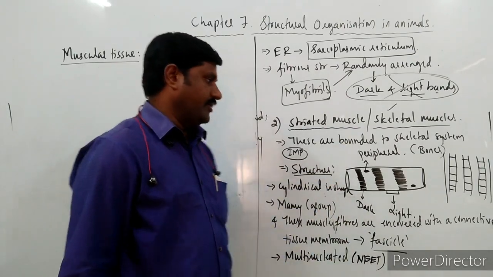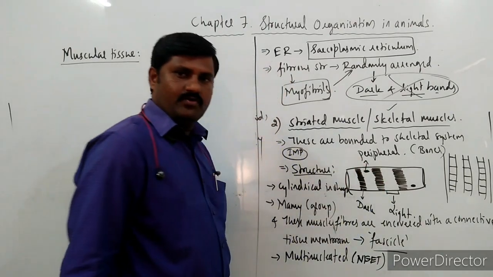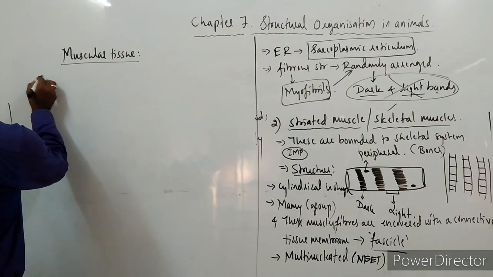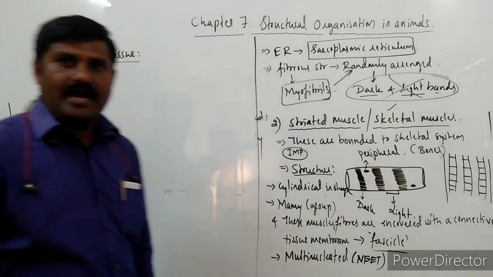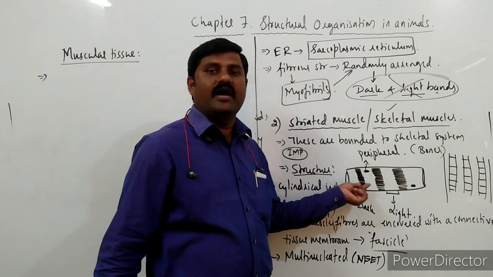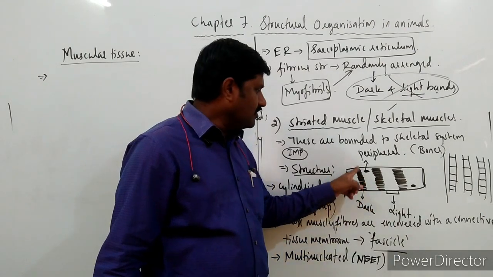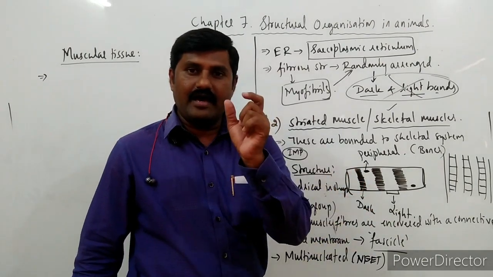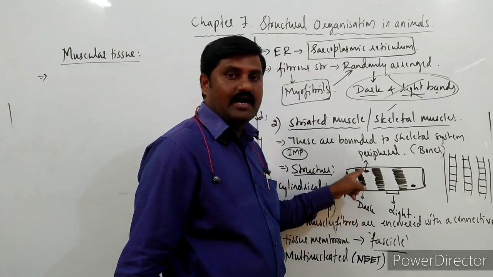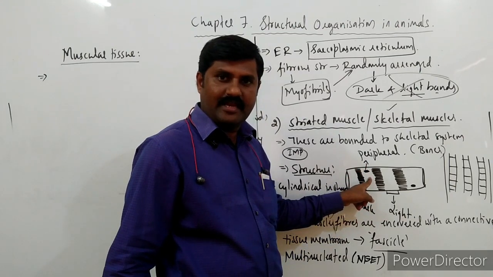And one more point, this has dark and light bands. Why does this have dark and light bands? As I have already explained, there are myofibrils present. Those myofibrils arrange themselves and form the dark band. Where the myofibrils are not arranged, it forms the light band.